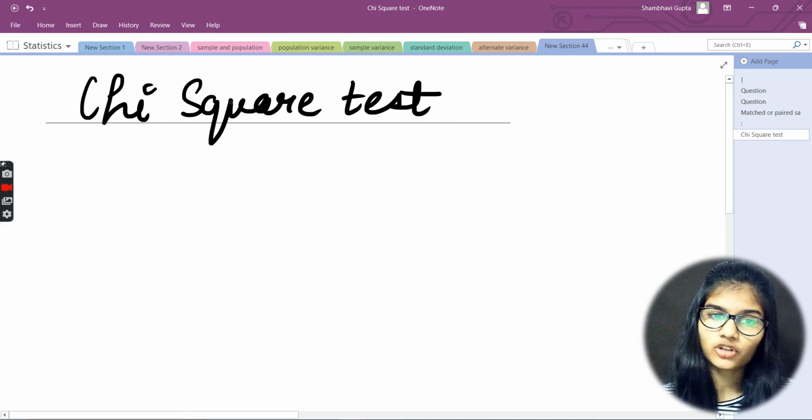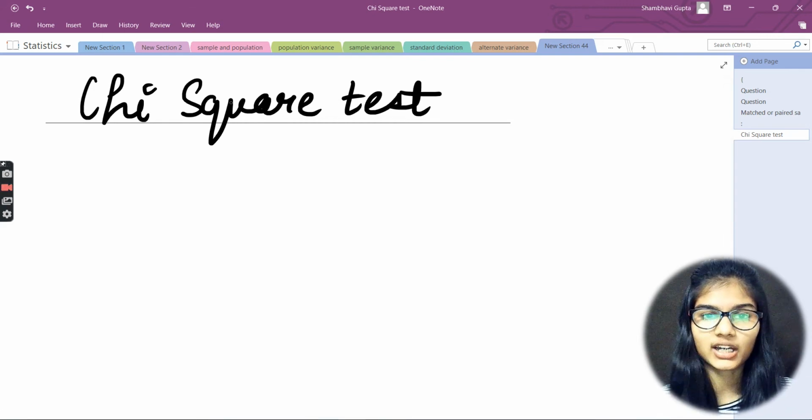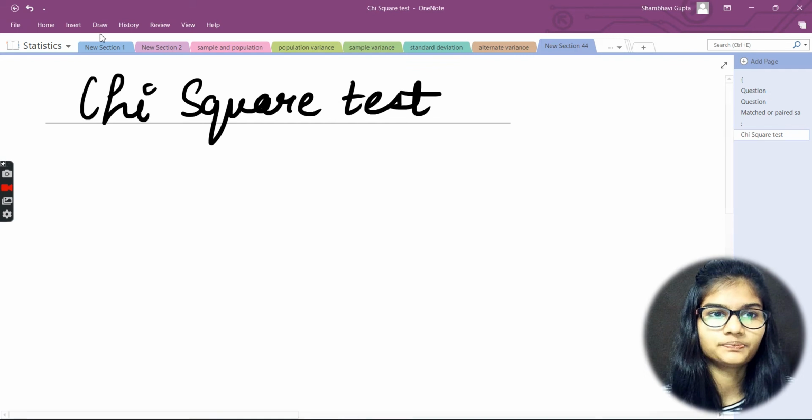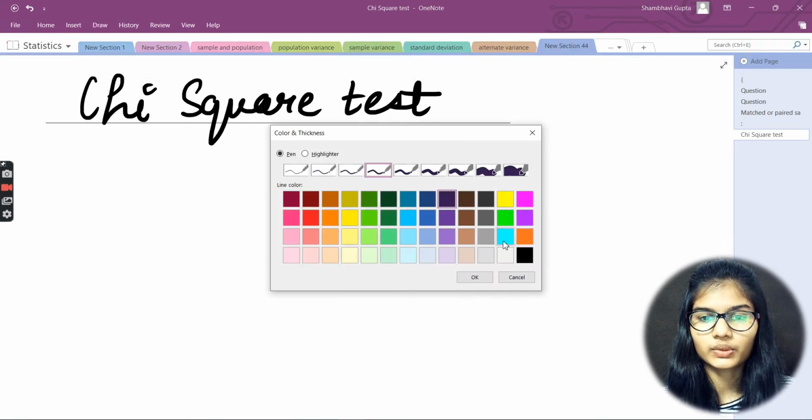Why did these kinds of topics come into existence? I have all these questions in my mind before learning a new topic. So first of all, I'm going to answer these questions. Then afterwards, I'll take you completely to the chi-square test. So let me quickly take a different pen color here so that I can proceed with the writing as well.